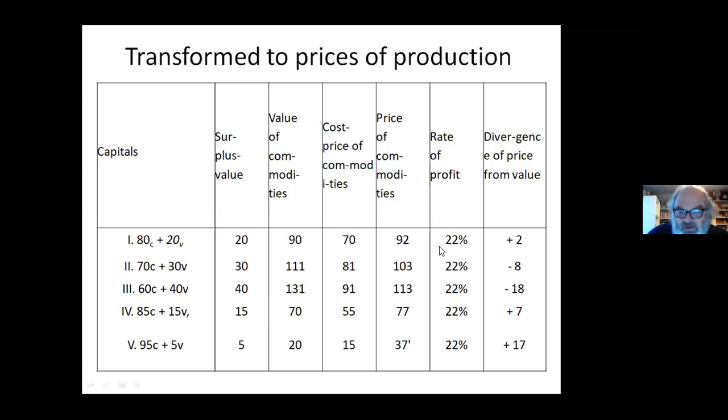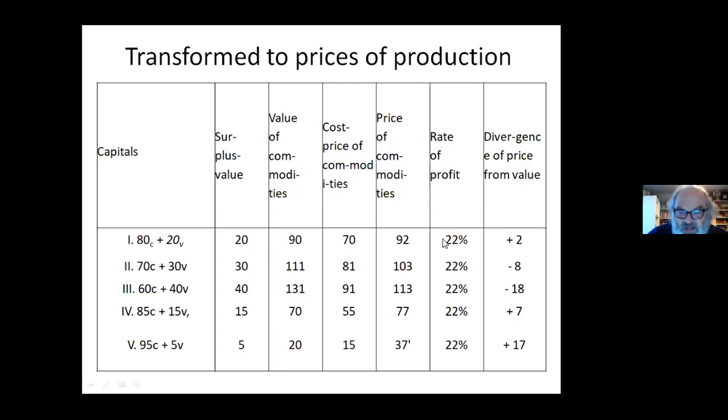So the profit for each of these sectors is the same, it's 22, 22, 22, 22, okay? But the surplus value is different. So what you have is equal rates of surplus value and equal rates of profit.